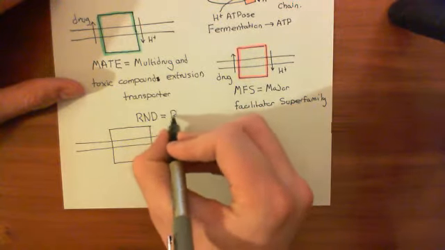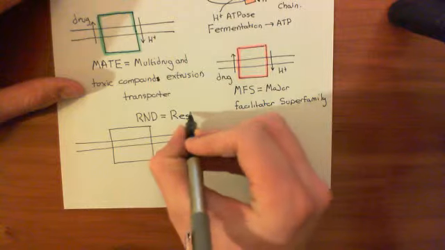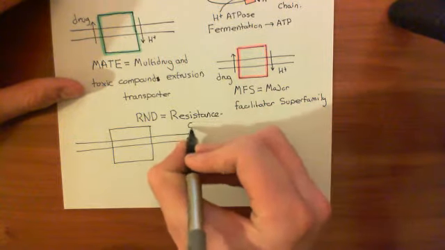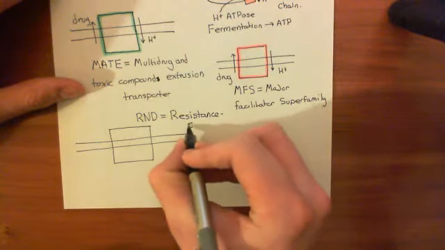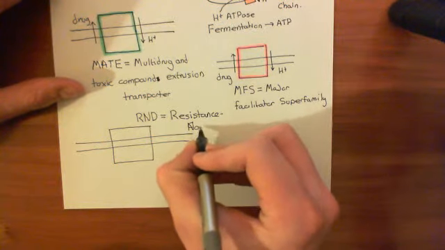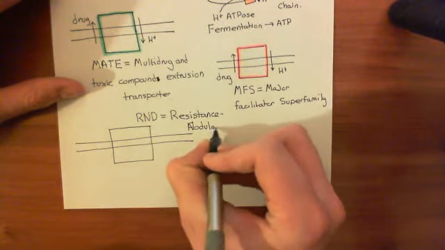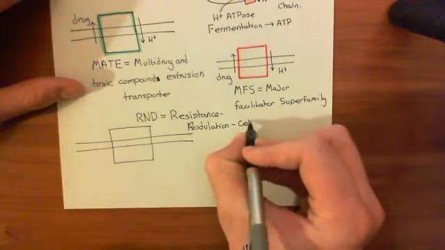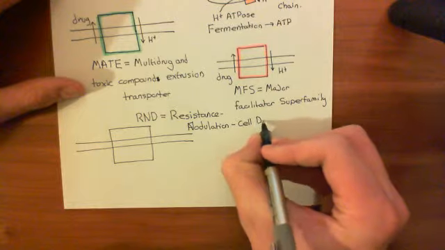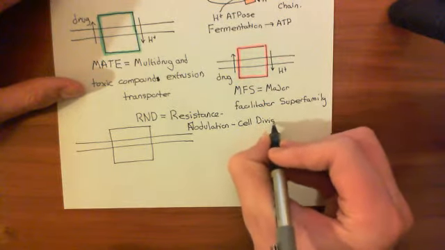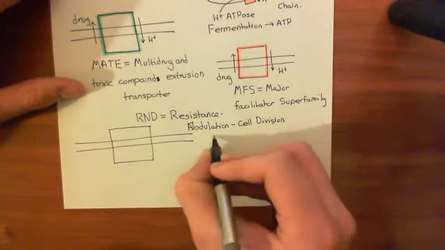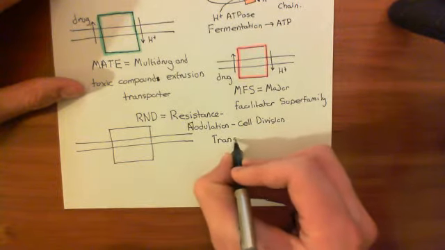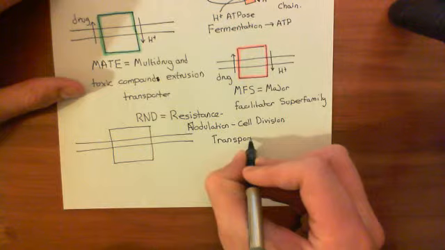So resistance nodulation cell division transporter or family, whatever you want to call them. The RND transporters are the resistance nodulation cell division transporters.